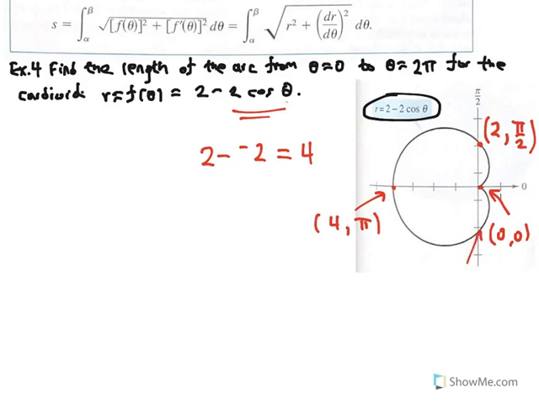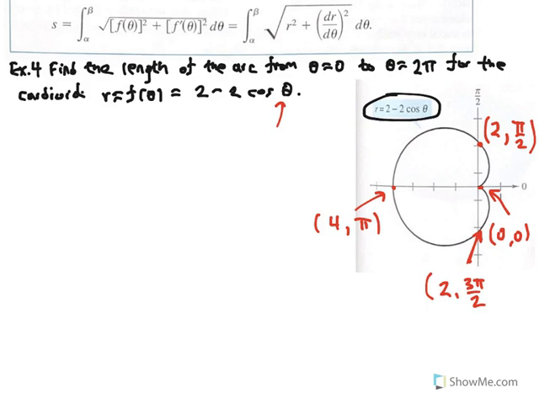And then when theta is equal to 3 pi over 2, cosine of 3 pi over 2 is 0, 2 times 0 is 0, and 2 minus 0 is 2. So you have this point with polar coordinates r theta, where r is 2 and theta is 3 pi over 2. And when theta is equal to 2 pi, you complete the cardioid.